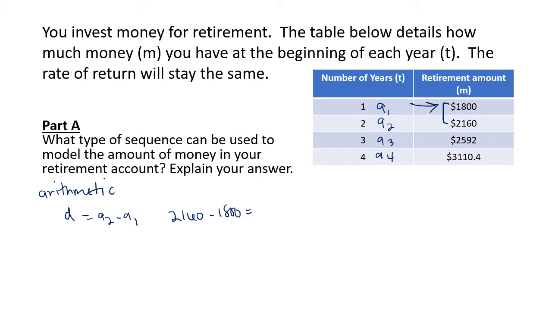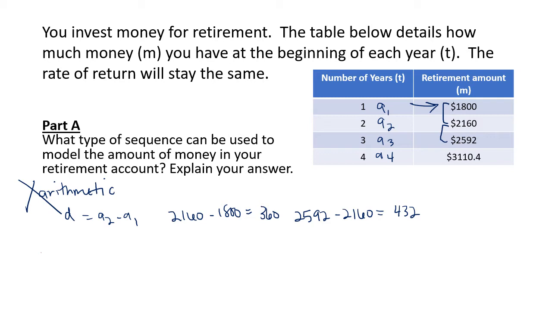When I subtract these two from one another, I end up with 360. Then I try the next two terms in the list to see if that difference is the same. I discover that they're not the same because this answer is 432. So this is not an arithmetic sequence.